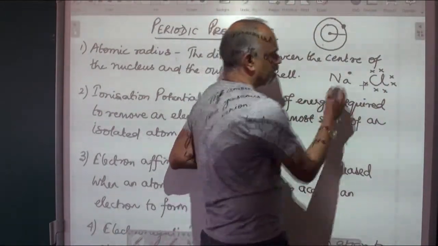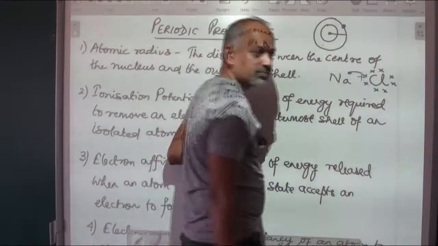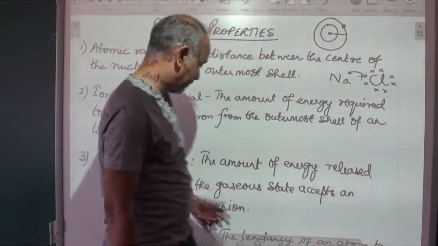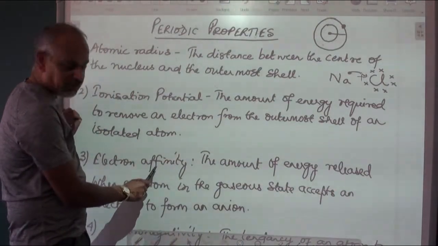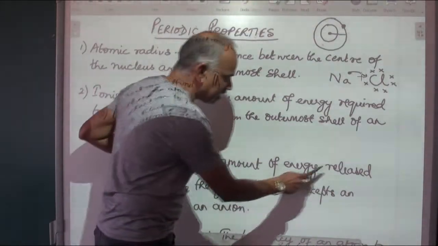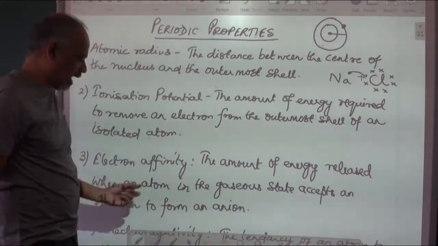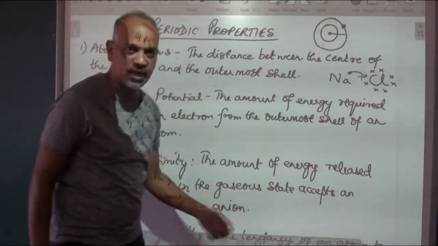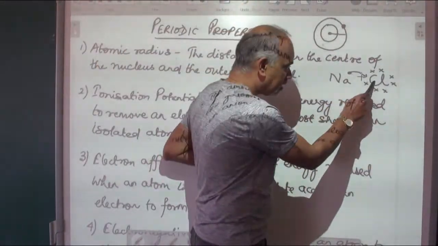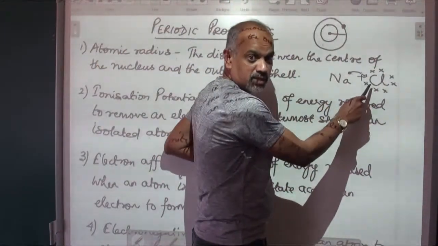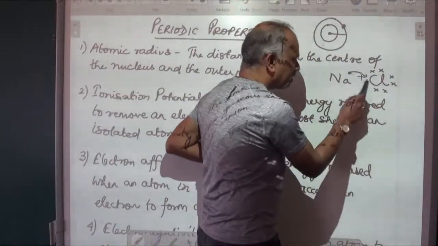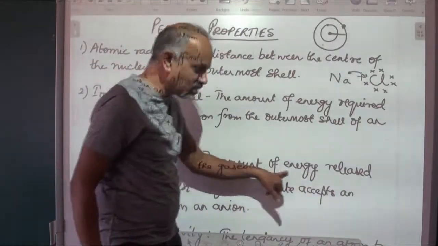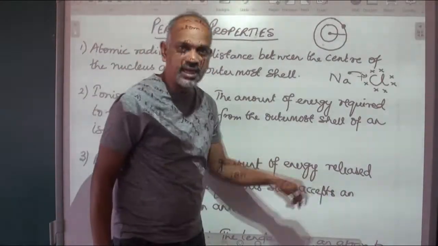Now this electron is given there, so this is completely filled, this is also completely filled. What this one has done is, in the gaseous state, it accepts one electron. To accept one electron, some amount of energy is released.